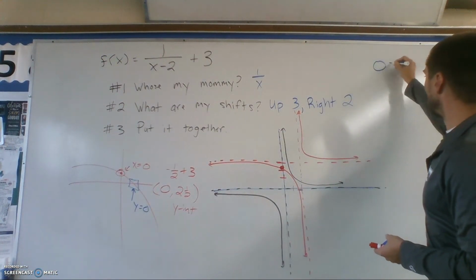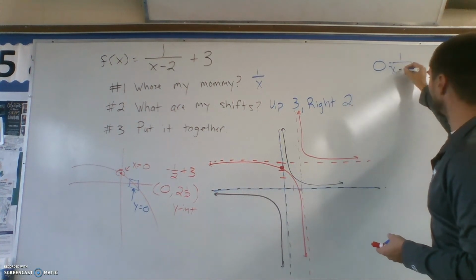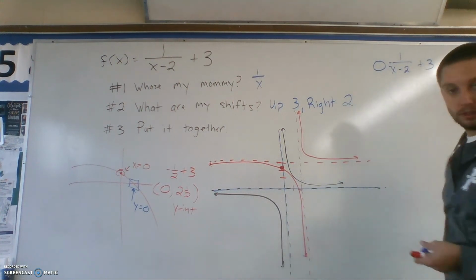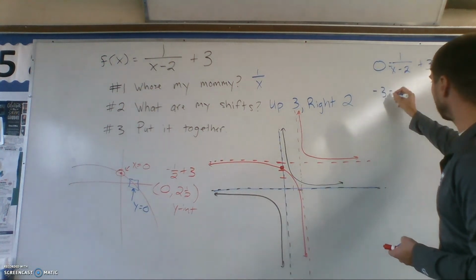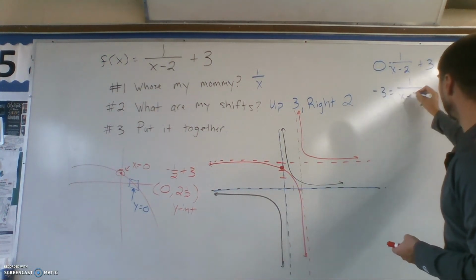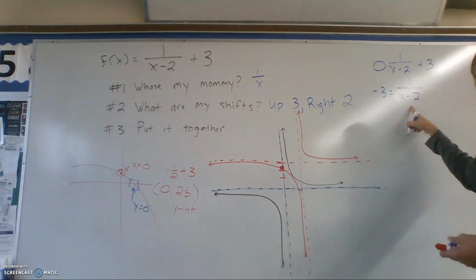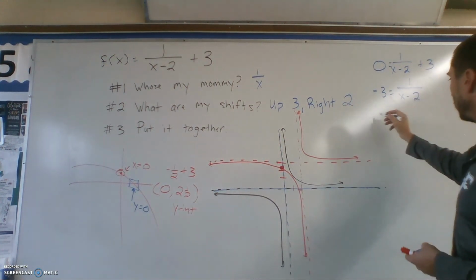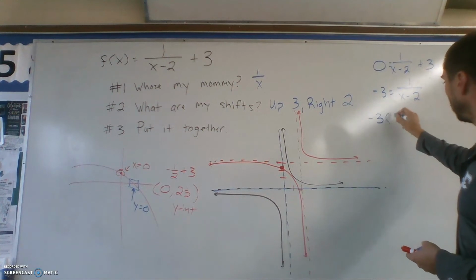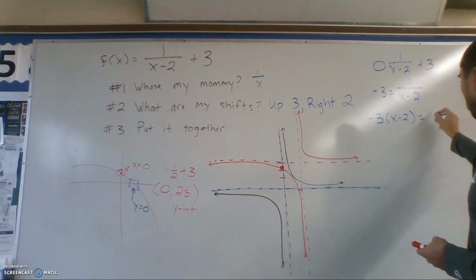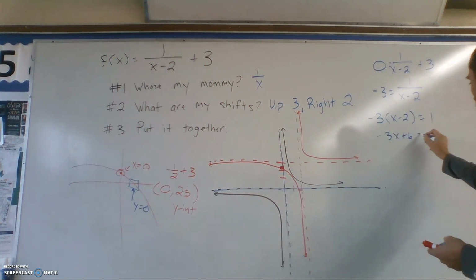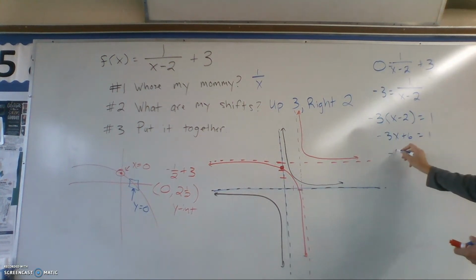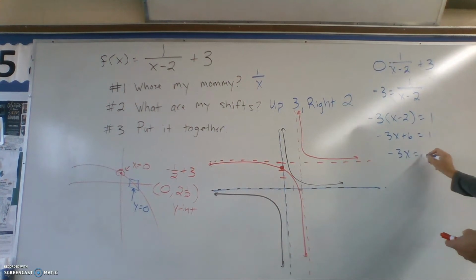So 0 equals 1 over x minus 2 plus 3. So first thing I'm going to do is subtract 3 from both sides. So negative 3 equals 1 over x minus 2. And then I'll multiply both sides by x minus 2. So negative 3 times x minus 2 equals 1. Distribute. Subtract 6.